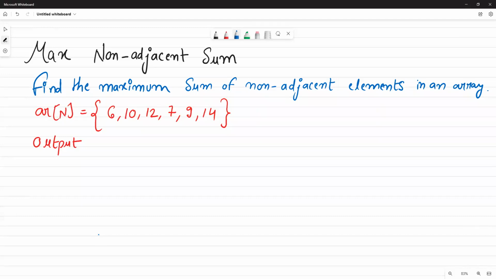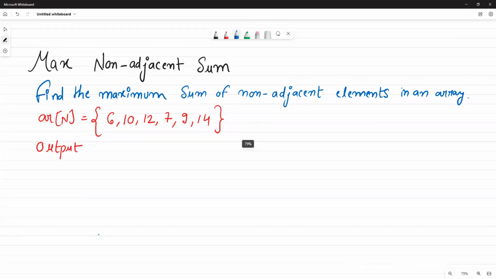Correct. So the answer here is 6 plus 12 plus 14, which is going to give you the answer as 32. This is the answer for this specific array. Clear?